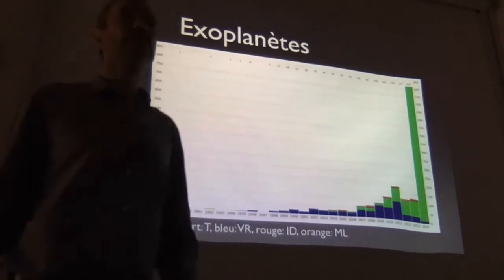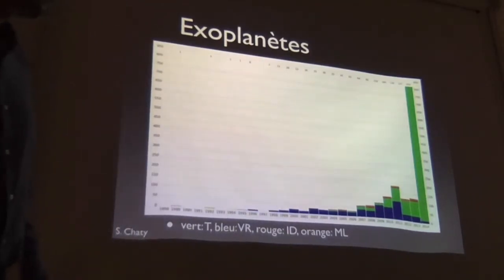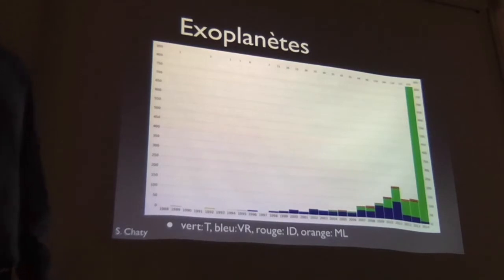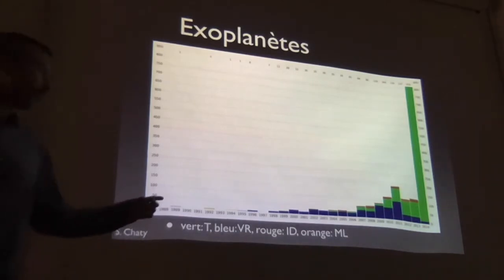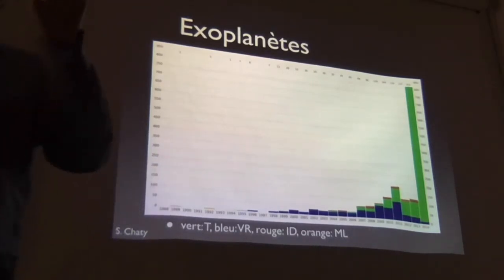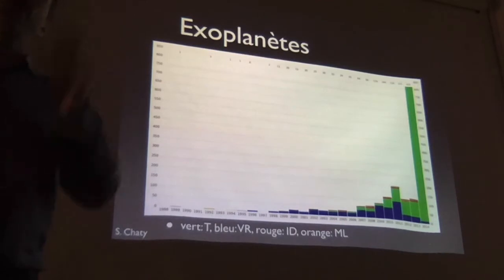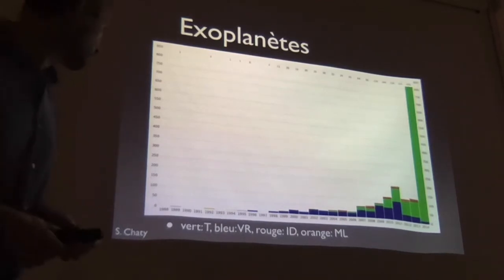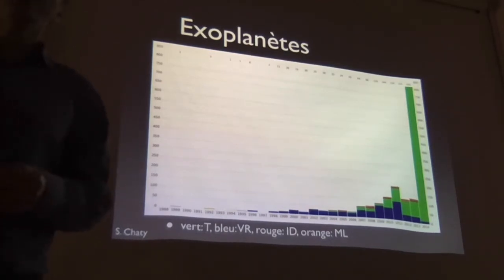Yes? The exoplanets of 1989 and 1992, you said it's from archives, right? Yes. What kind of instruments? Well, there were already some follow-ups of stars to look for exoplanets a long time ago. I think it probably began in 1985 or something like this.